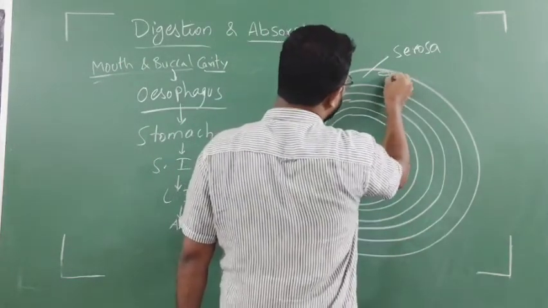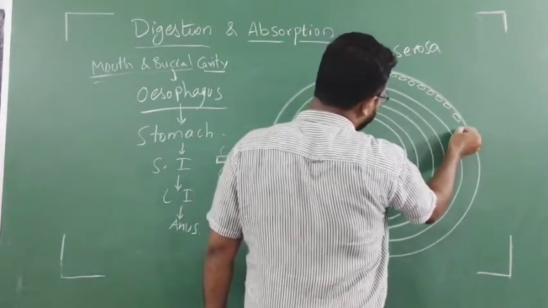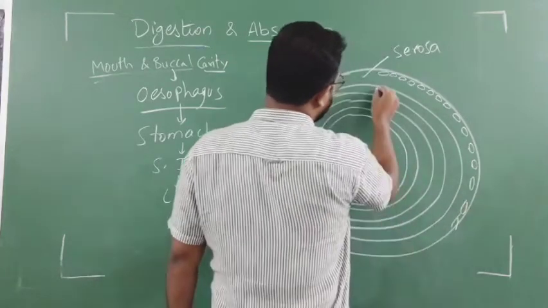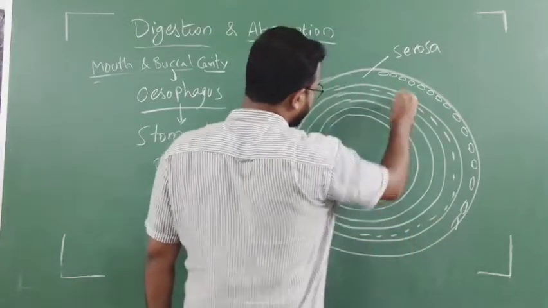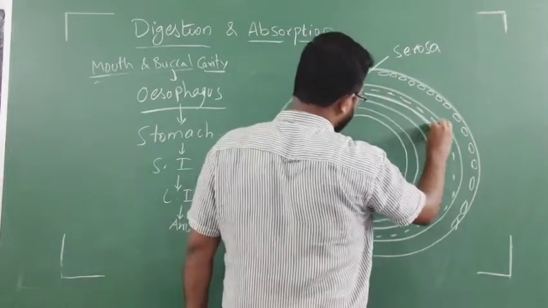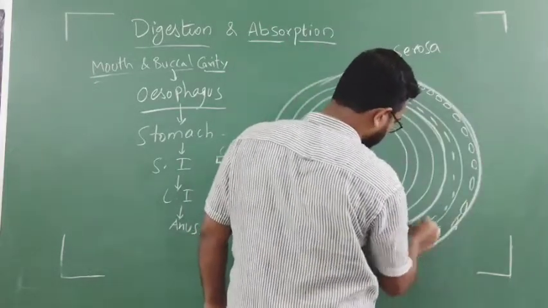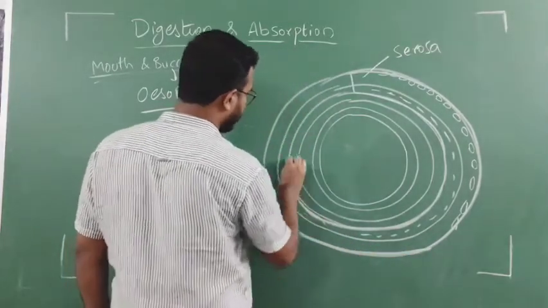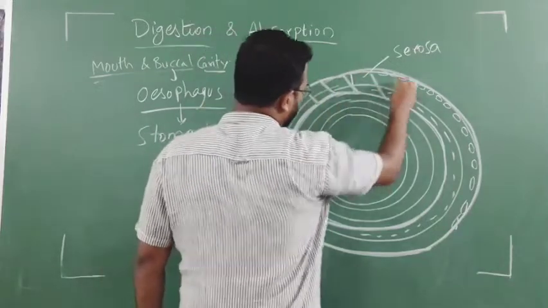The outer region contains longitudinal muscles like this, and the inner region contains circular muscles. So up to here, this region is serosa.